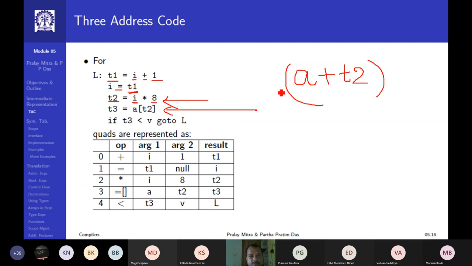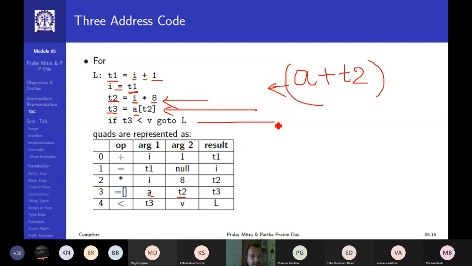From that location you pick that data and store it in T3. So all the meaning is stored when I write the opcode equals with square brackets, open and close. Now what are my arguments? First argument is A, second argument is T2, and the result will be in T3.